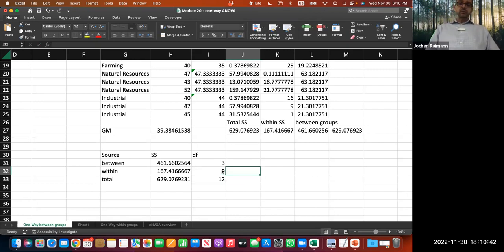But what we want to calculate next is our mean squared error, which is essentially our variance. And the variance is calculated just like it was in a sample statistic, as the sum of squares divided by the degrees of freedom. And that's how simple it is. So you calculate MS as the sum of squares between divided by your degrees of freedom.